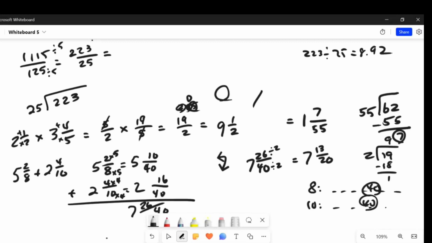So I know 25 goes into there 8 times. So I need to do 8 times 25. And I get 200. Subtract and I get 23. So there's my whole number. There's my denominator. The remainder is 23. 8 and 23 25ths.